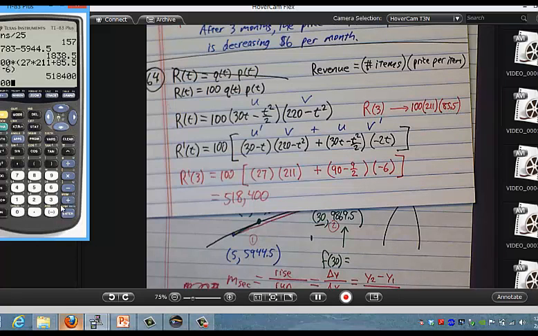100 times 211 times 85.5. Again, you could just plug in for t and you'll get that. What do we get? There it is. Wow. That's about $1.8 million of revenue.